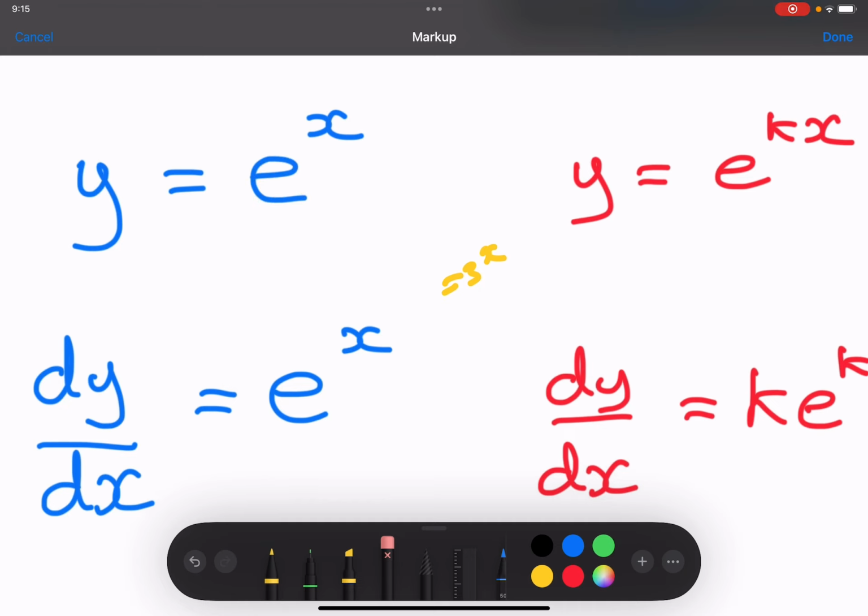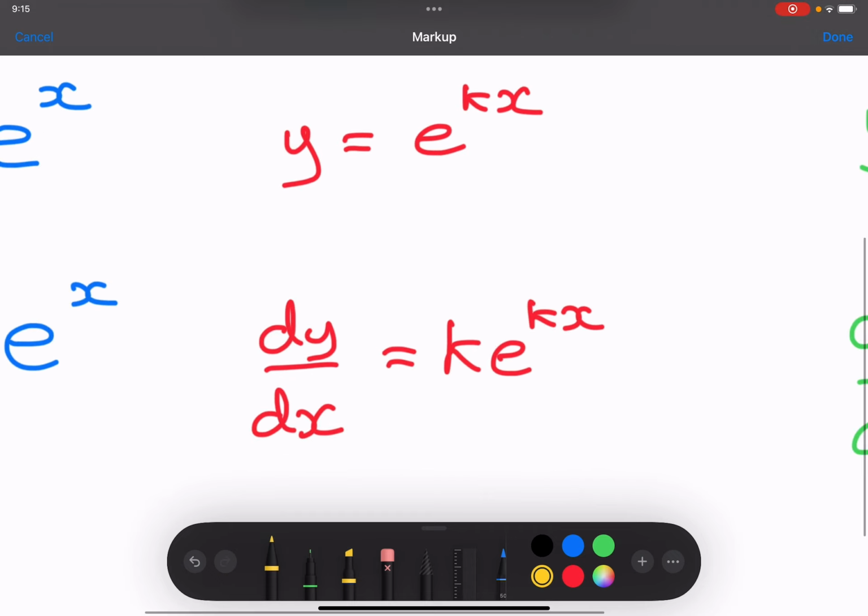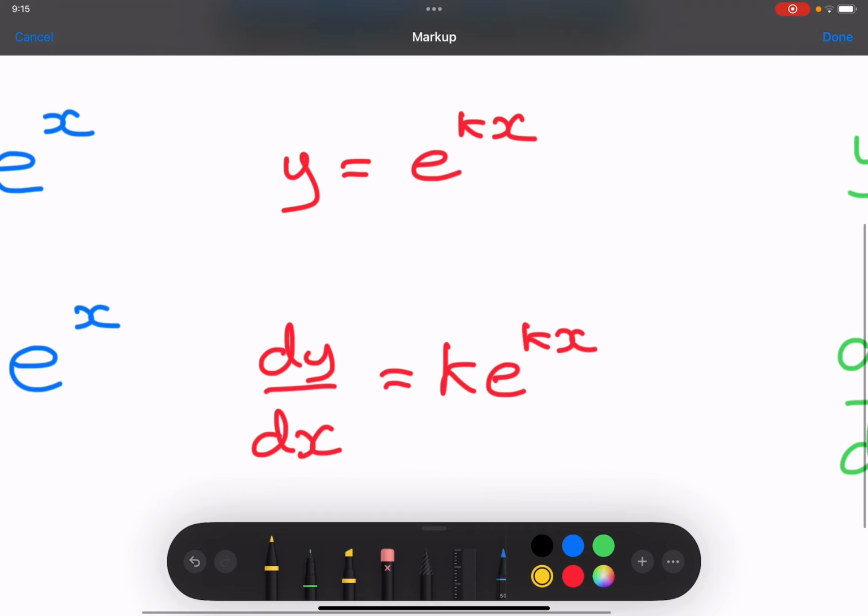The power doesn't change, the base doesn't change. Exactly the same thing. We also saw in year 12 that if there is a constant number on the inside of the function, then the only difference is we're going to multiply by that number. Again, the power stays the same, the base stays the same.